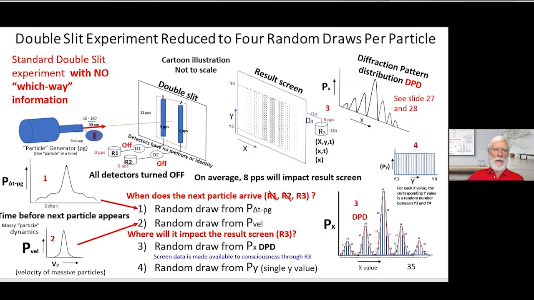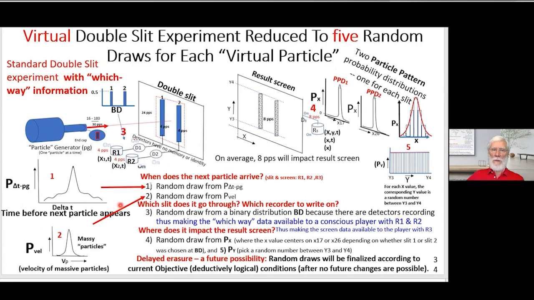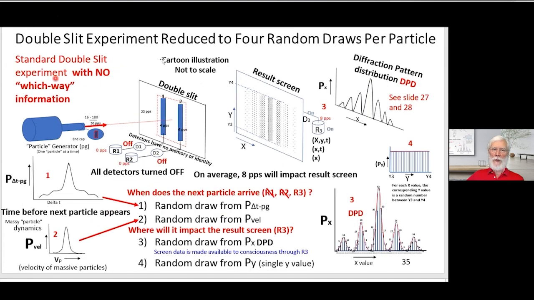All right, now we drop down to the next one. The one we just did was when we have which way data and we get these two. Now we're going to go down to the next one, which is no which way information. When you have no which way information, we don't know what slit it goes through. Doesn't matter. It's just going to go through the slits. So we don't have a binary draw up here. We don't have that random draw.